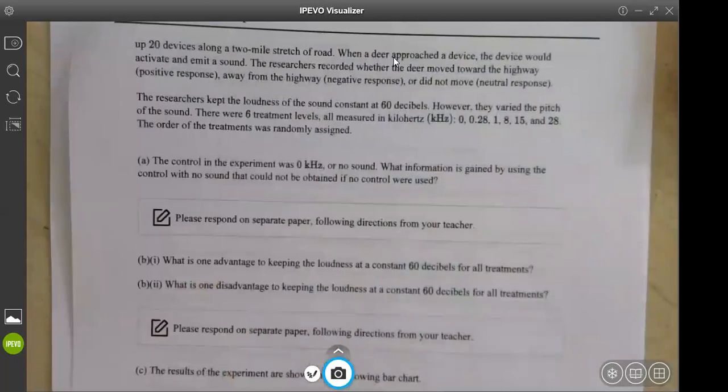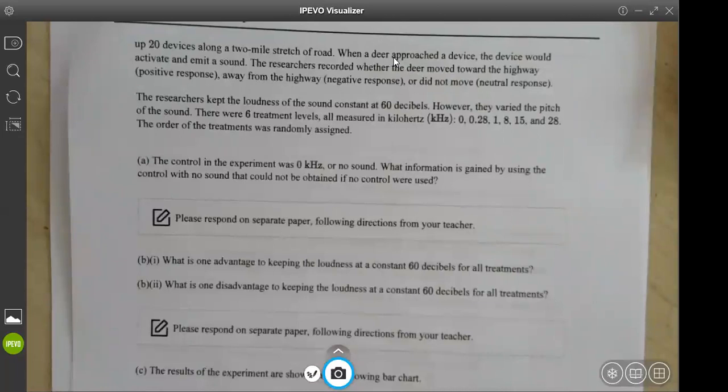The researchers recorded whether the deer moved toward the highway, a positive response, away from the highway, a negative response, or did not move, a neutral response. The researchers kept the loudness of the sound constant at 60 decibels. However, they varied the pitch of the sound. There were 6 treatment levels, all measured in kilohertz: 0, 0.28, 1, 8, 15, and 28. The order of the treatments was randomly assigned.